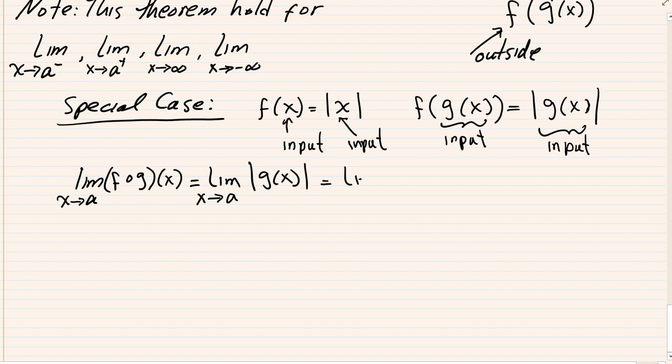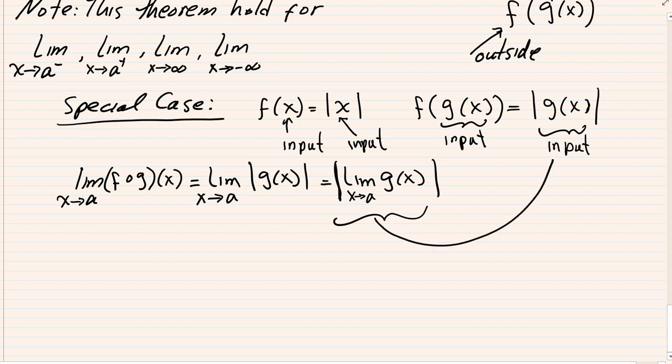And then you can just move the absolute value to the outside and just take the limit of g of x. And there you go. And the reason is because what you see here and this are the same. Right in here, you see that? That's the absolute value of g of x. So we move the absolute value outside of the limit. So the limit of the absolute value is the absolute value of the limit.